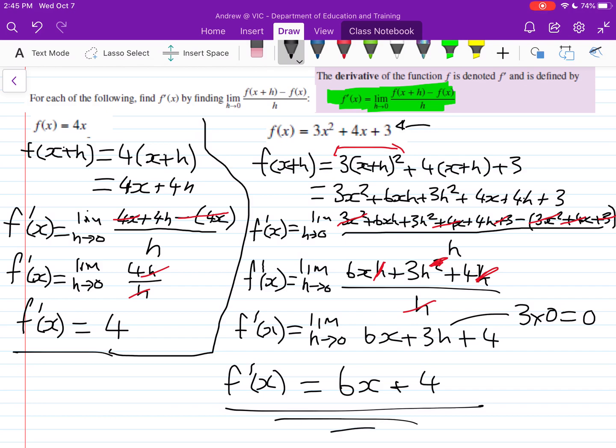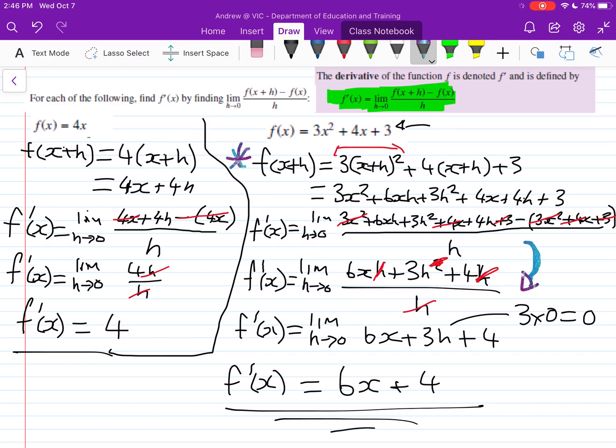So just be aware of the steps here. You first need to find your f(x+h) and expand it if you're doing it by hand. Yet again, you can put this into your CAS if you define it all, and it's a lot less steps. So find your f(x+h), then expand and simplify. So there's these two steps here.